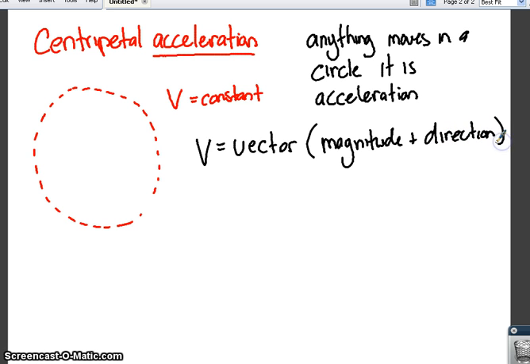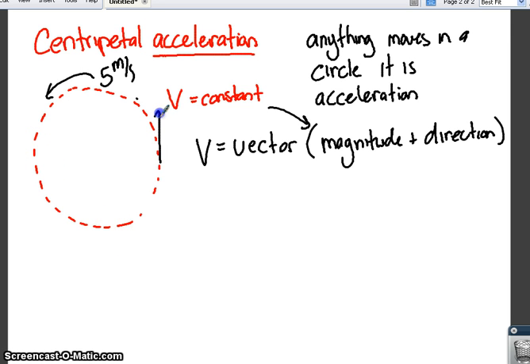Because velocity is constant, what we're saying is it has constant magnitude. So if this thing is going 5 meters a second around the circle, that means it has a constant speed around the circle. But the reality is, at every single point along the circle, the direction is changing.